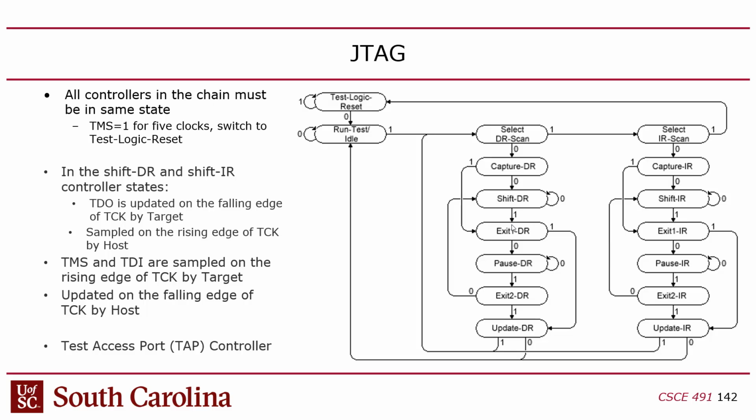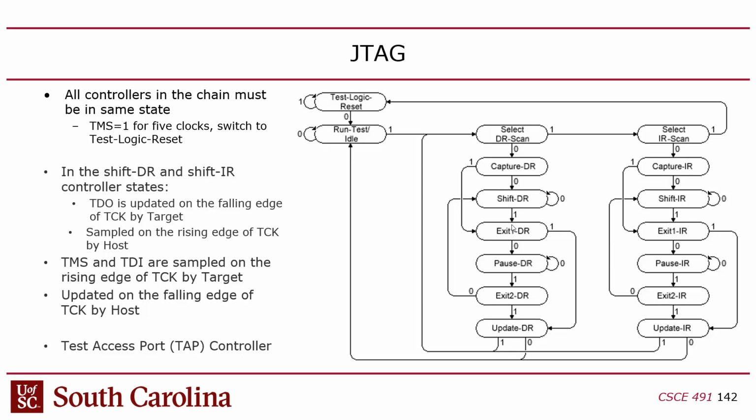Well, JTAG also has the ability to do transactional type behavior where you can set the address and then access the corresponding data. Every JTAG device has different registers on it with different addresses. The way it works is you use the test mode select to put every device in a mode where you can then feed bits in to set the instruction register, which is the address that you want to access.